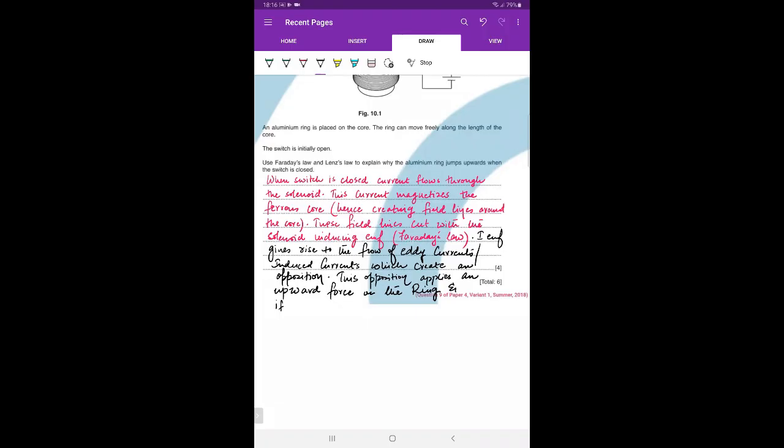This opposition applies an upward force on the ring, and if the magnitude of the force exceeds the weight of the ring, then the ring jumps upwards.